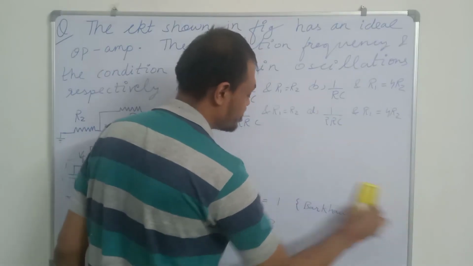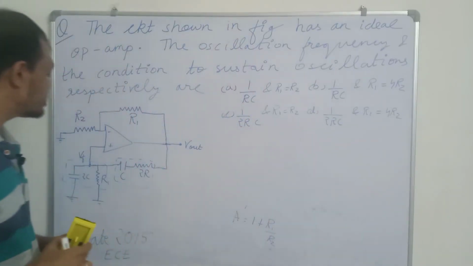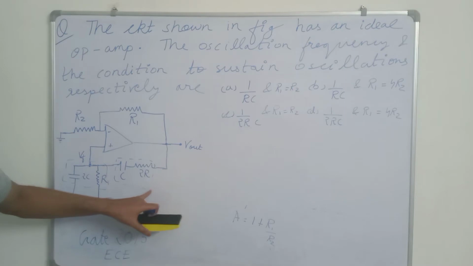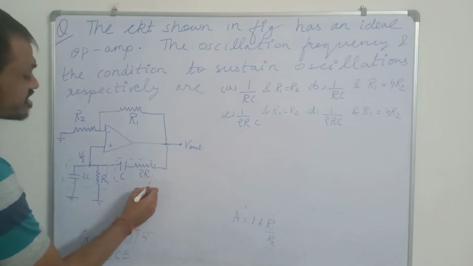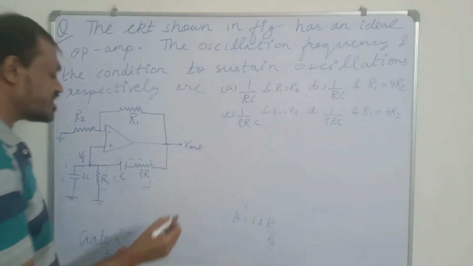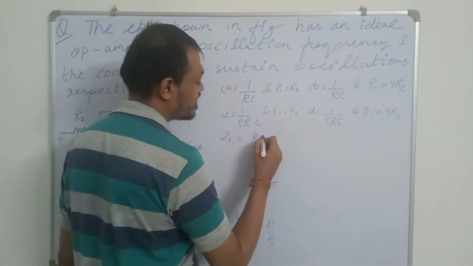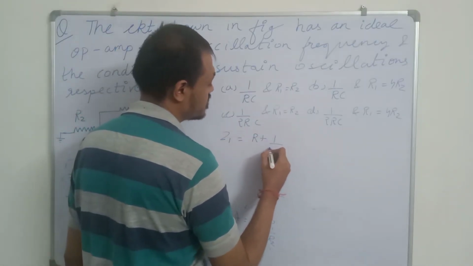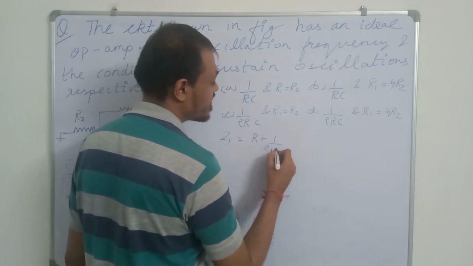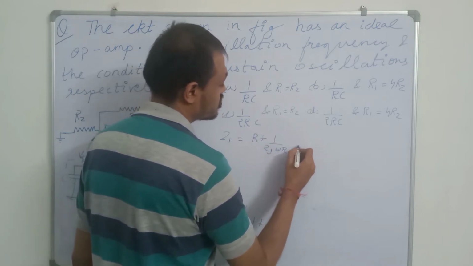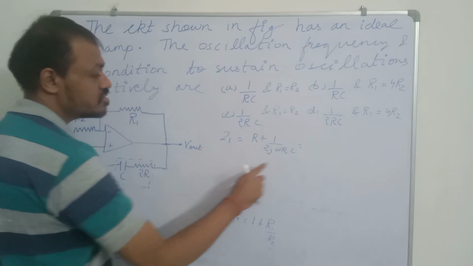For the value of beta, let the series impedance be Z1 and the parallel impedance be Z2.